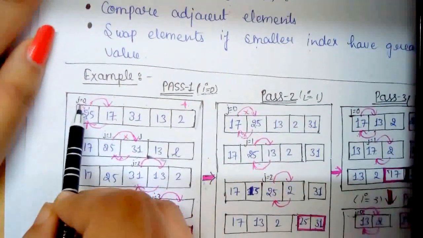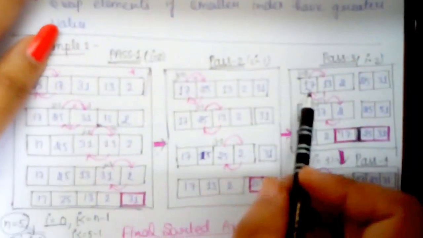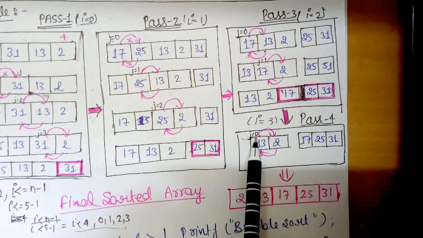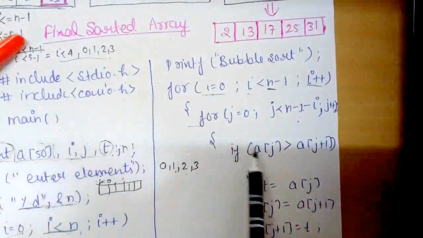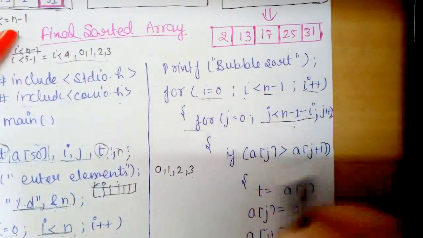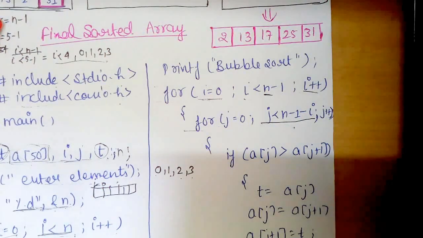We always start j from 0. You can see in this pass, this pass, this pass, and in the last pass also, we always start j from 0. So we will start j from 0, and this is the termination condition for j: j is less than n minus 1 minus i.